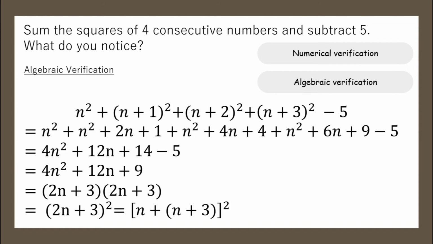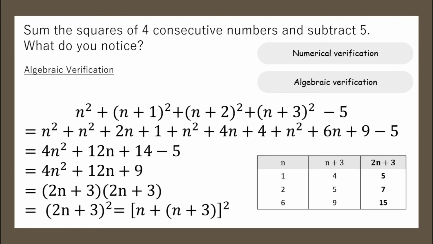So here is the first and the fourth term that we had in our original numerical examples. When the first term was 1, the fourth term was 4, and we saw that we got 5 squared. When the first term was 2, the fourth term was 5, and we saw that we got 7 squared. So I should anticipate that if the first term is 6, and the fourth term is 9, I'll get 15 squared. Okay, so I wasn't expecting that, but very nice to see.